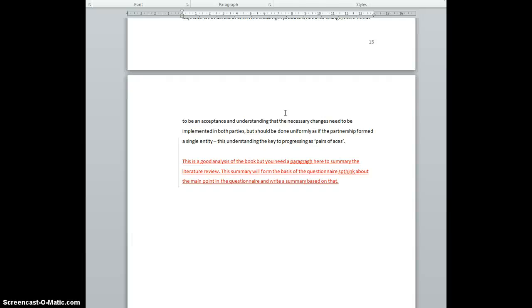So what you then do is, in the summary, you summarize all of the main points that you found in the literature, which basically equates to the questionnaire you've produced. Okay? So just a summary of the main points of the questionnaire as a review of the literature review, if you like, and that will finish this section off completely.